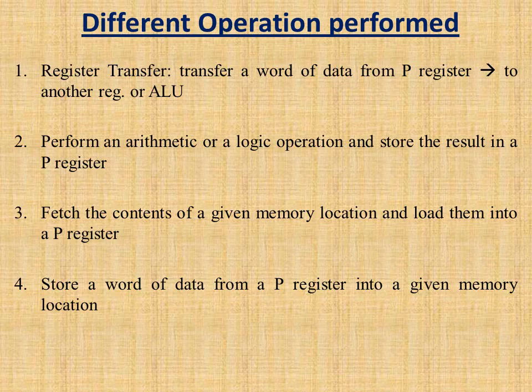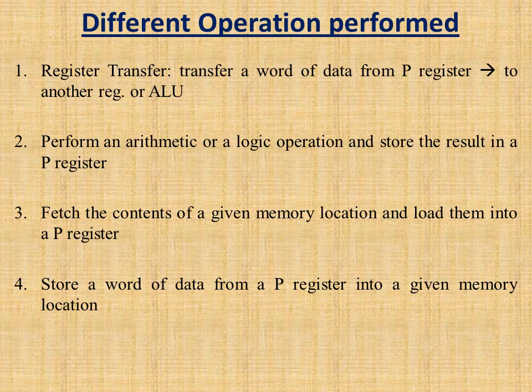The different operations that are performed by the processor by using a single bus organization. There are a number of operations which are categorized into 4 as shown in the slide. The first category is the register transfer operation.